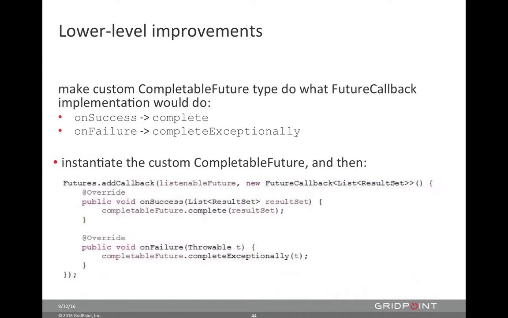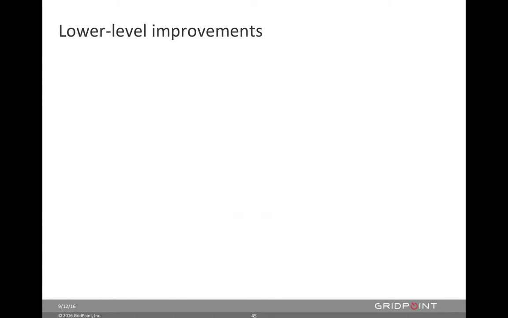You'd instantiate the custom completable future, and then you can see I'm taking the completable future I created and binding its complete method to the future callback's on success method and its complete exceptionally to the future callback's on failure.